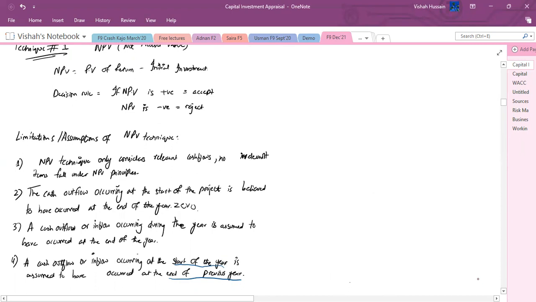Let's say I decided to invest in a project today. So the investment that I'm making is going to occur because I made the decision. If I've decided that I am investing in this project, and the very next day I have to invest $100,000, this $100,000 occurred because I decided that I want to invest. So this becomes a relevant cash flow for me.